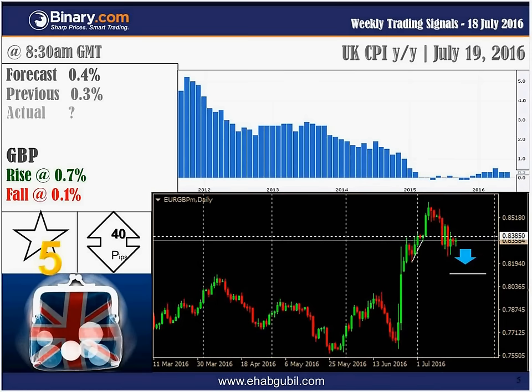If the inflation number decreases to 0.1% or less, we will look to make a fall option on the pound. Remember always to draw support and resistance levels before the news release. If the market breaks through these levels, this means you have a better opportunity at winning the trade.